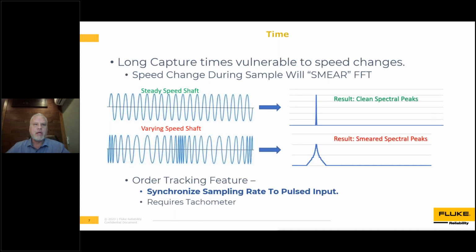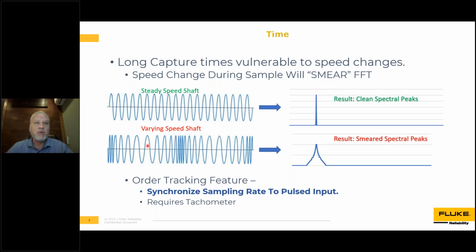One of the other issues we have with low speed machines is if there are speed changes. This is just an illustration of what it might look like. Let me get my pointer on here. What it might look like if we had a speed variation. Again, this would be the time series data. Constant speed would look pretty sinusoidal, for example.